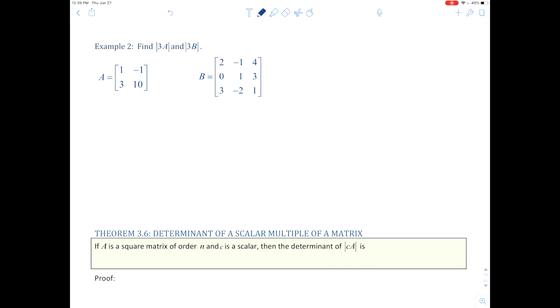Okay, so now let's check out this situation here. For this matrix A, what's our determinant? The determinant of A is equal to 10 plus 3, which is 13, correct?